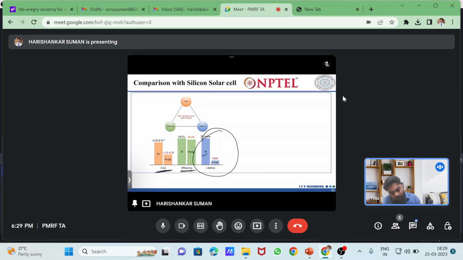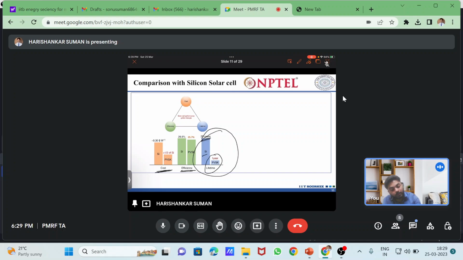Silicon has a 25-year lifetime, but perovskite has only 1 year due to the degradation nature of the perovskite material. So research is going on here, the whole community is working to improve the lifetime and control the degradation of perovskite.